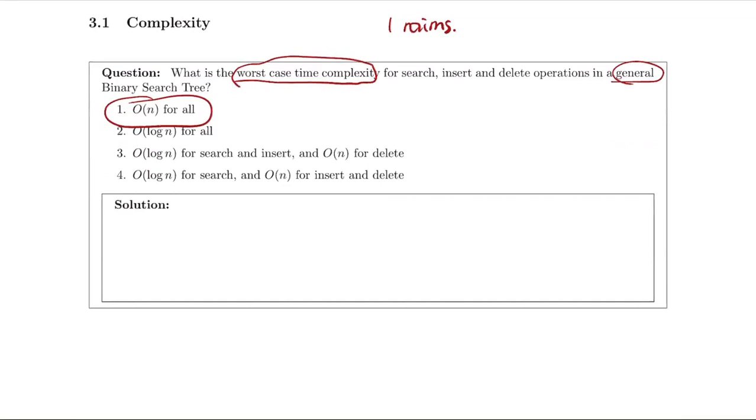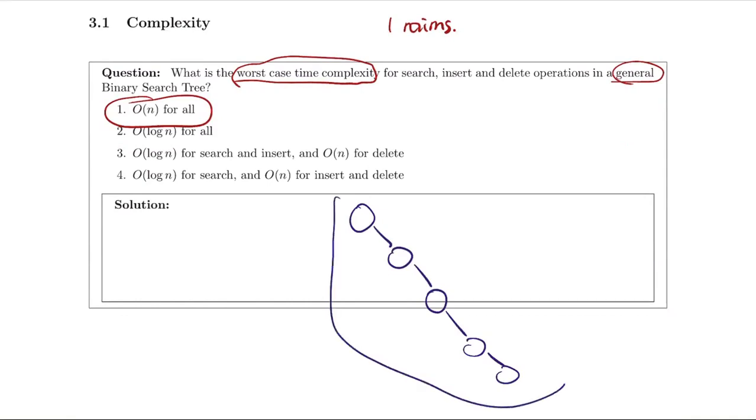So when is the worst case for a binary search tree? When the tree is extremely skewed. For example, I have a tree like this. I don't necessarily have numbers filled in. So this data structure, we're not thinking of it as a tree, right?